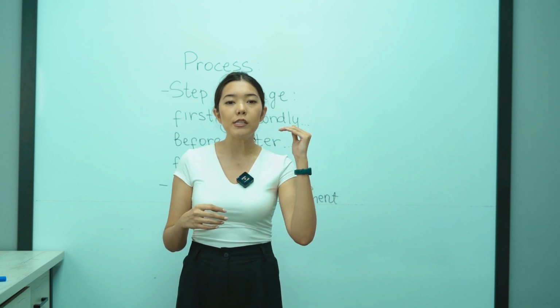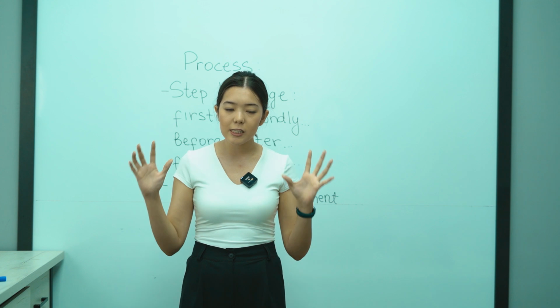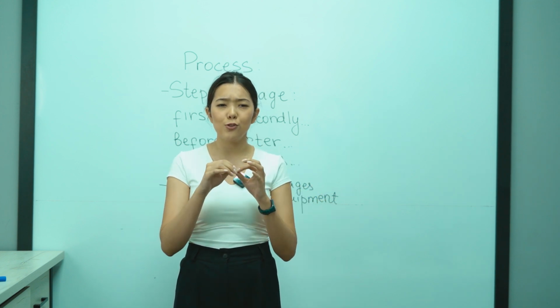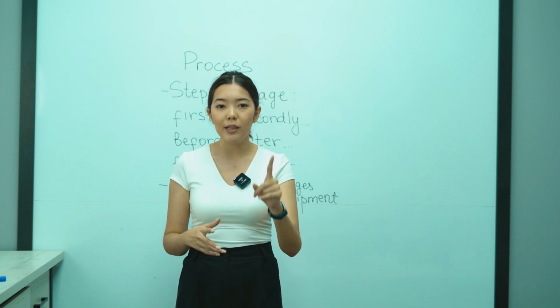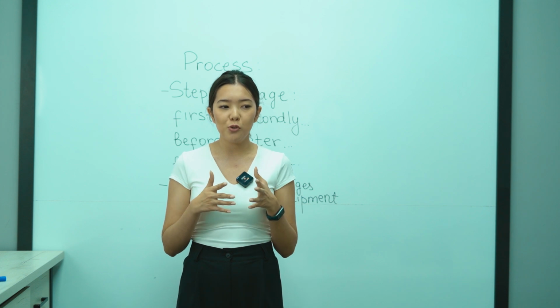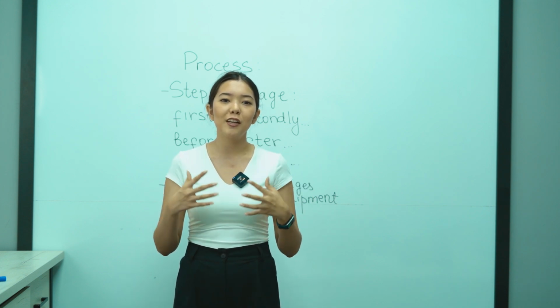So for example, for 6, 7, 8, and 9. Everything is explained very clearly, and you can read it at home, and you should take some notes, but please work with band descriptors. It will help you to navigate yourself towards your desired score.